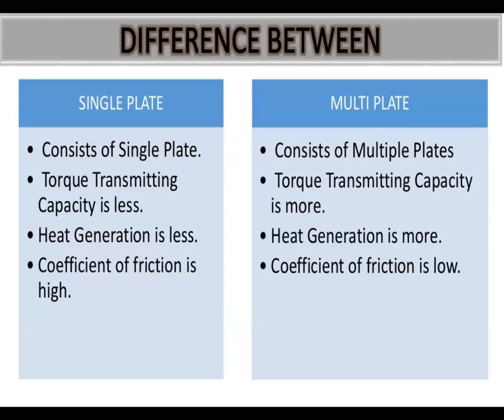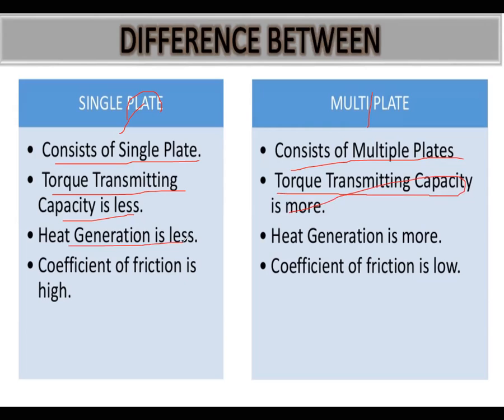By the name you can identify the differences. The single plate clutch consists of a single plate. The multi-plate clutch consists of multiple plates. Torque transmitting capacity is less because there is a single plate. With multiple plates, the number of plates has increased, so the torque transmitting capacity is more.